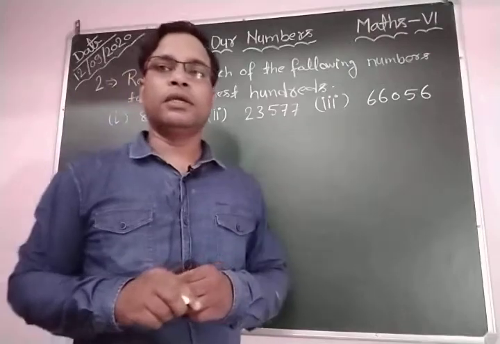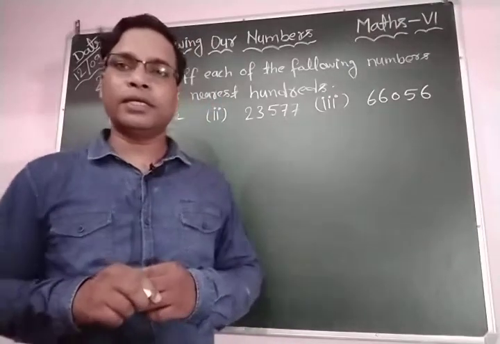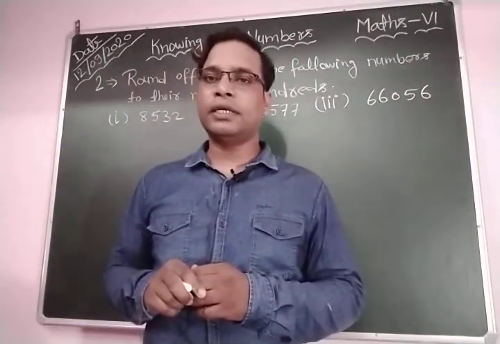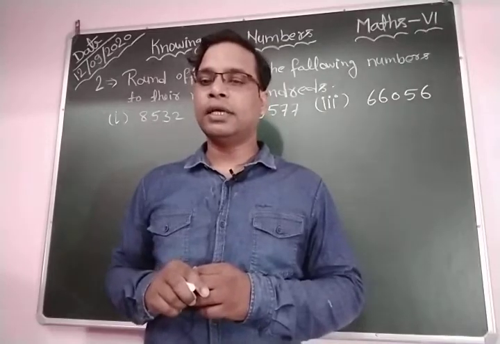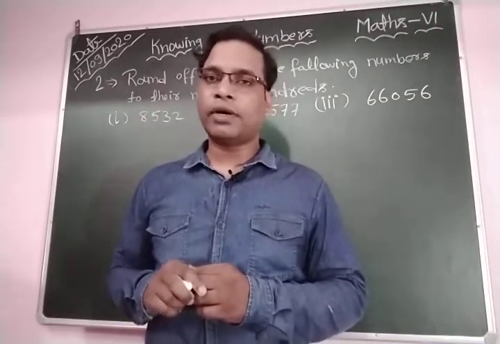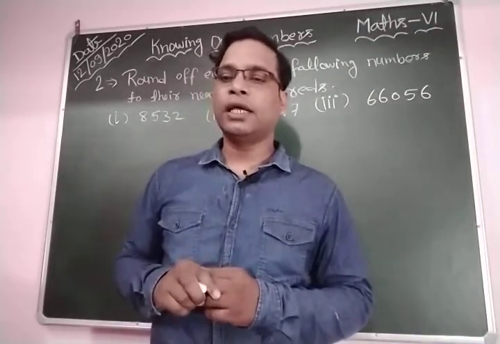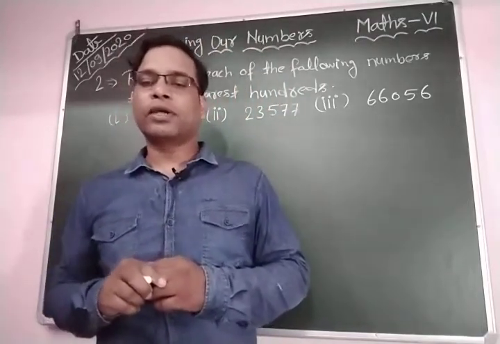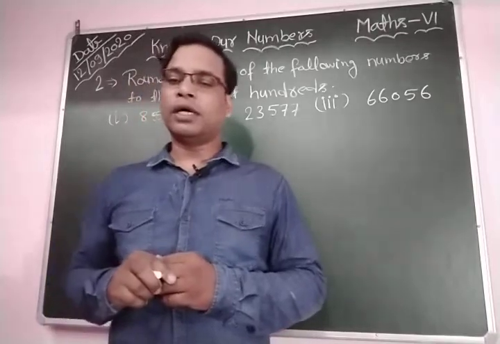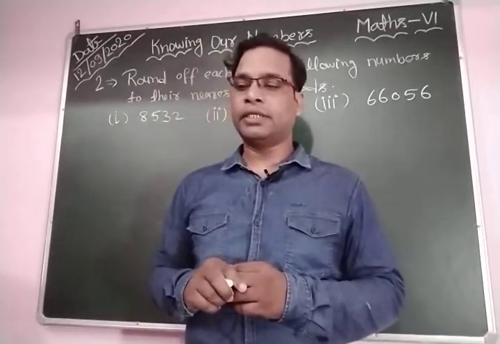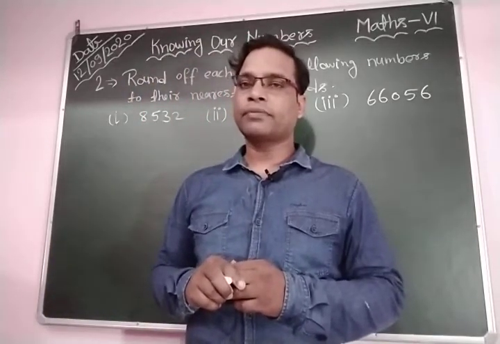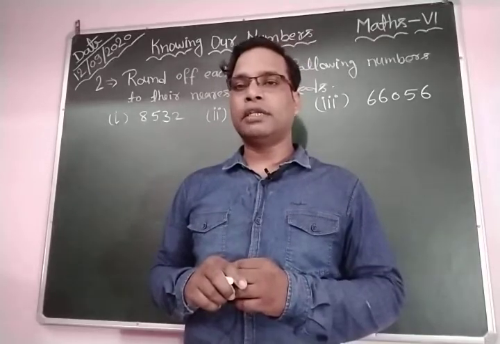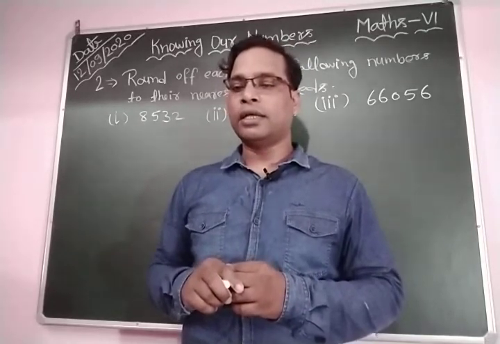So how do you find the rounding to the nearest 100? For this we follow the following procedure. Rounding of numbers to the nearest hundreds. First we look at the tens place digit in the given number.